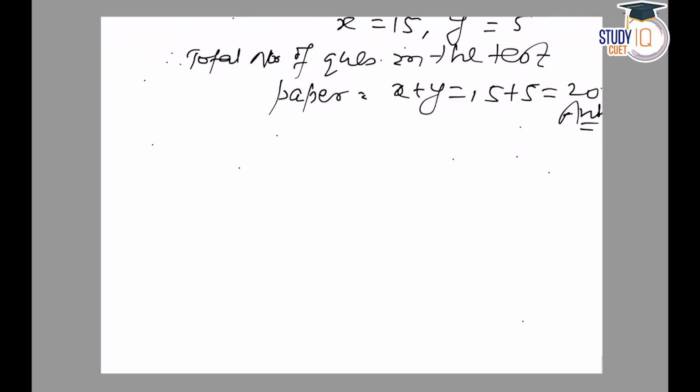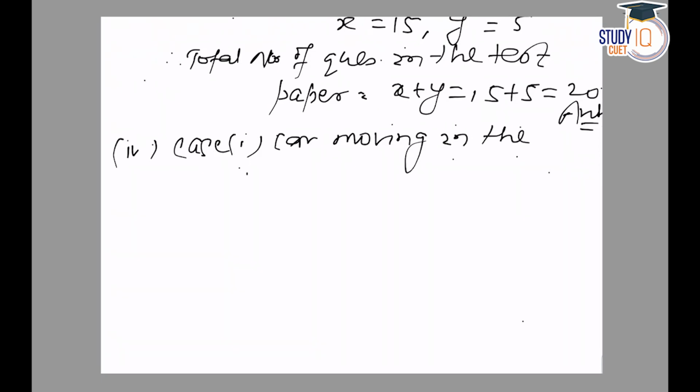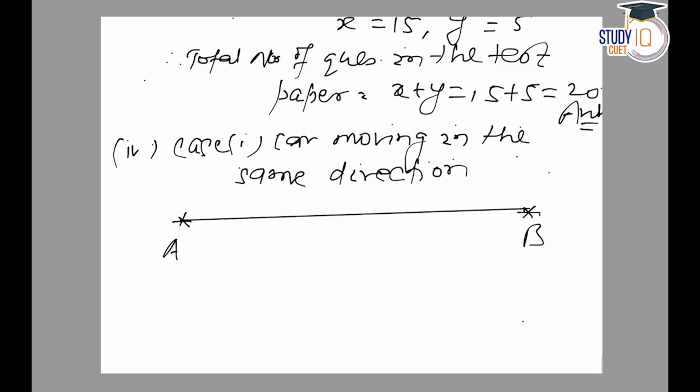So, for the fourth part, consider case 1. When cars are moving in the same direction, let place A be here and place B be here, and the distance between them is 100 km.